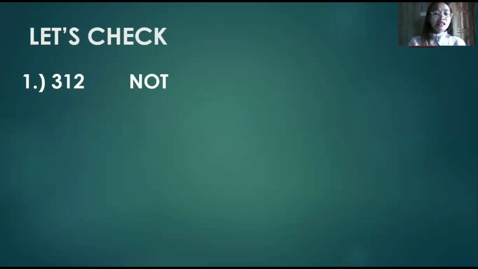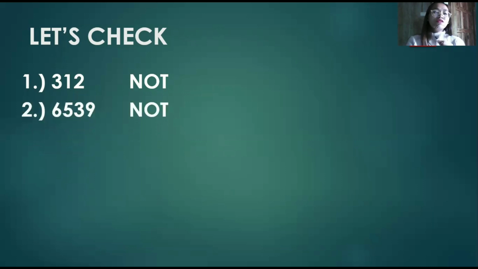So remember the divisibility rule for 5: we can call it divisible by 5 only if the last number is 0 or 5. But this time, in our example, the last number is 2. Therefore, it is not divisible by 5.